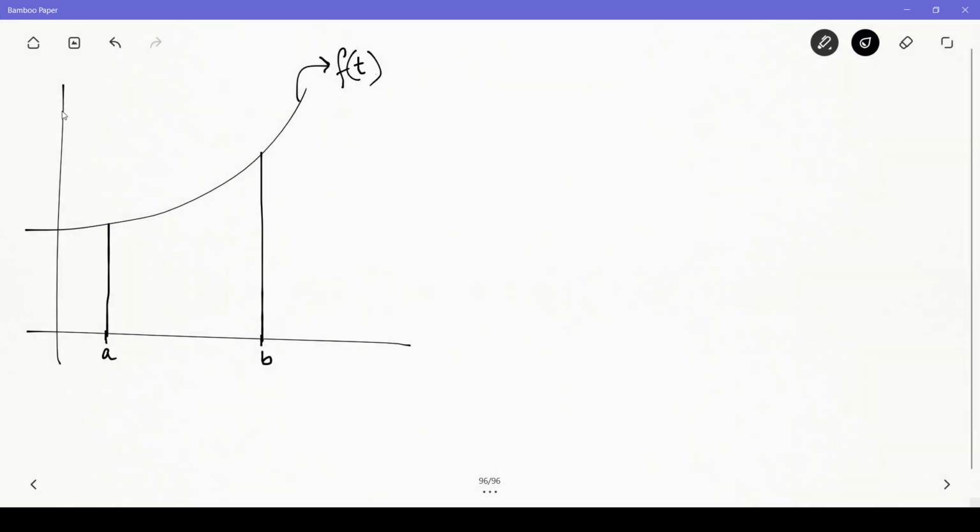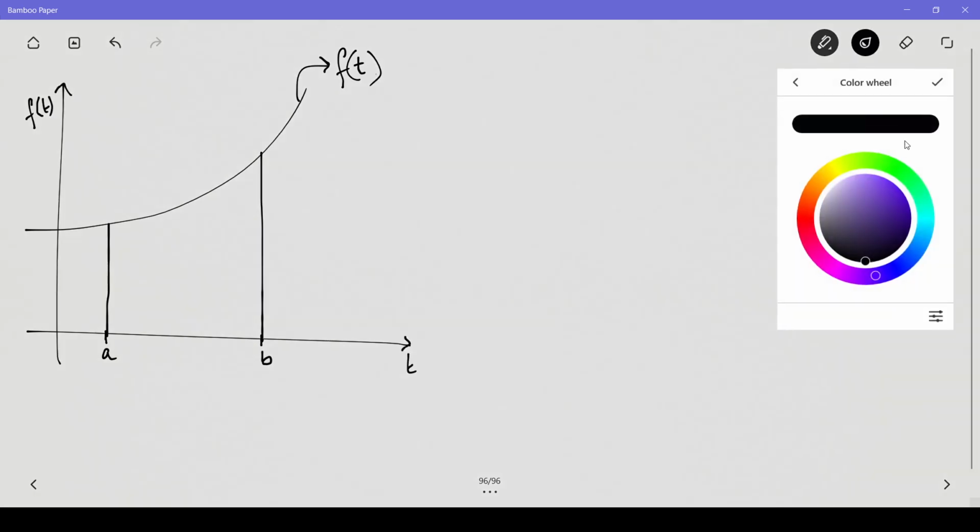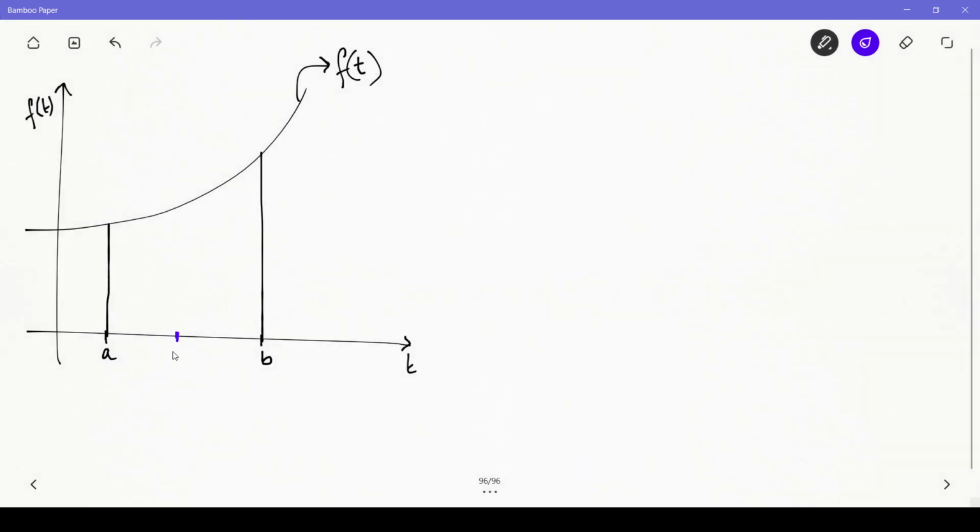So along the y-axis we have f of t values, and along the x-axis we have t values. Now take an arbitrary point x within the closed interval a and b, with lower limit a and upper limit b. This means x is an element of [a, b], right?